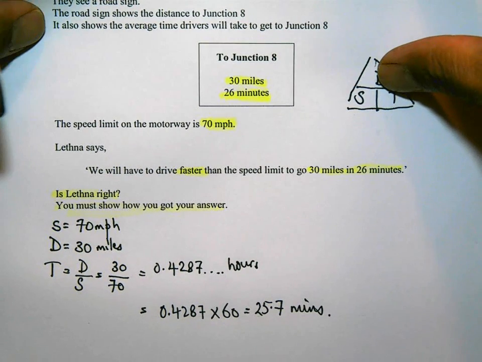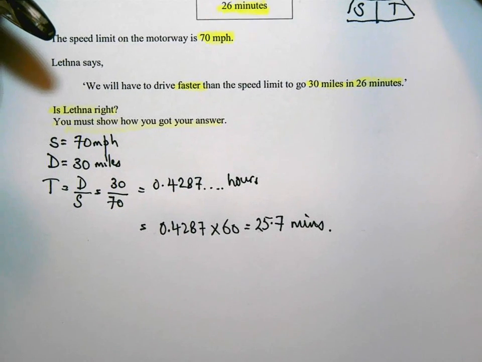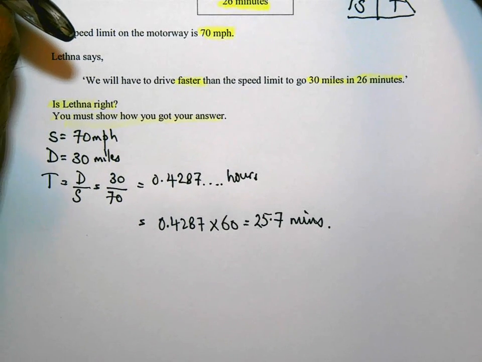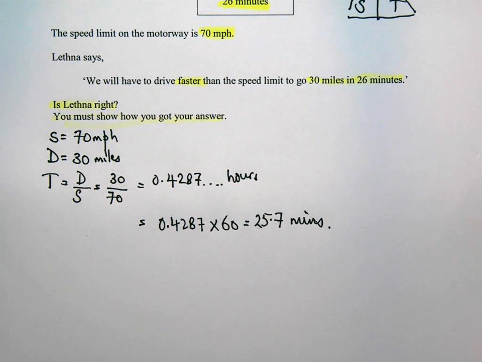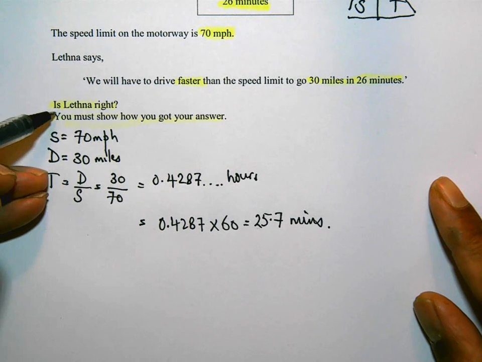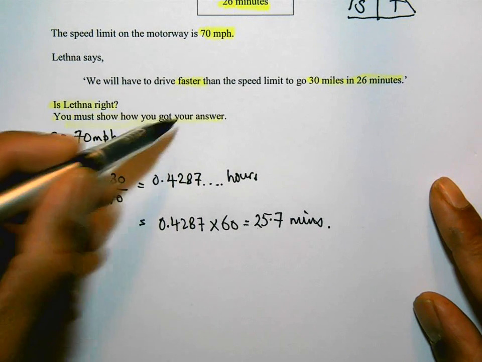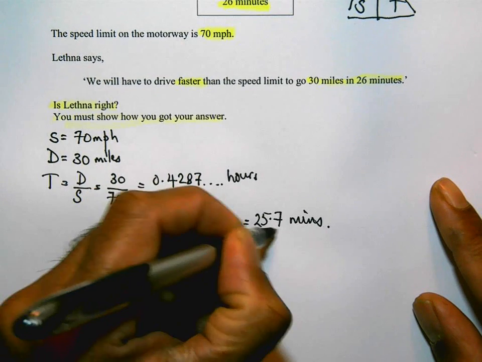So when she says we will have to drive faster than the speed limit to go 30 miles in 26 minutes, she's actually wrong. So the question says, is Leithner right? You must show how you got your answer. Well, I'm going to compare that to 26 minutes, and that's less than 26 minutes.